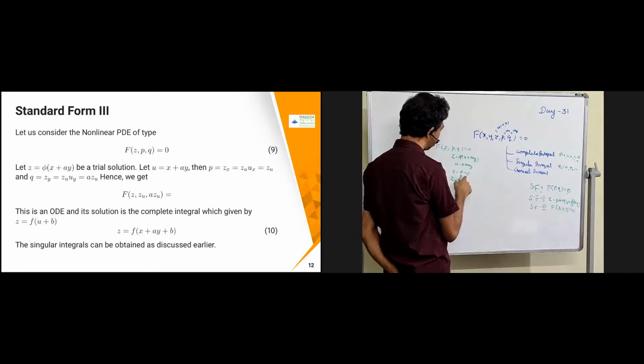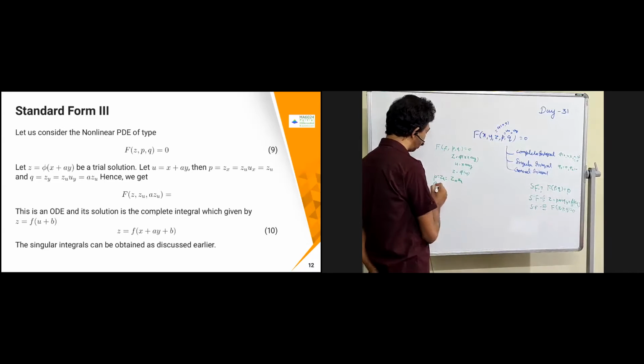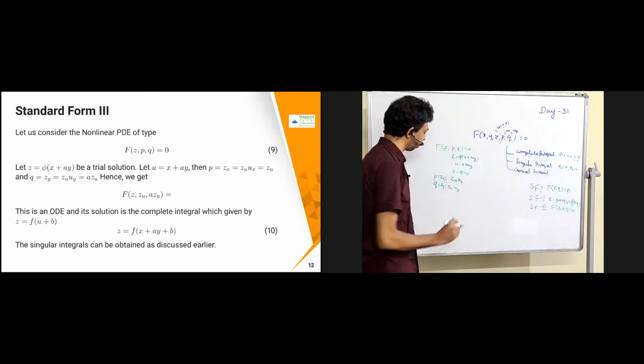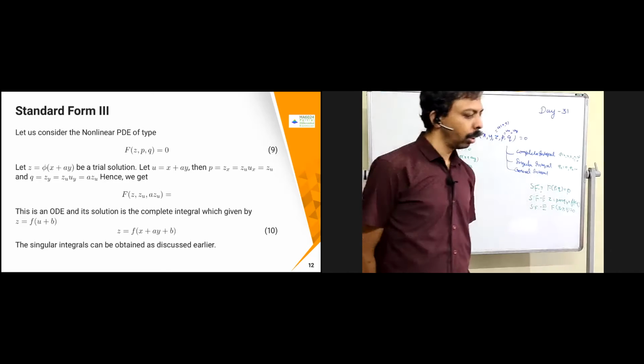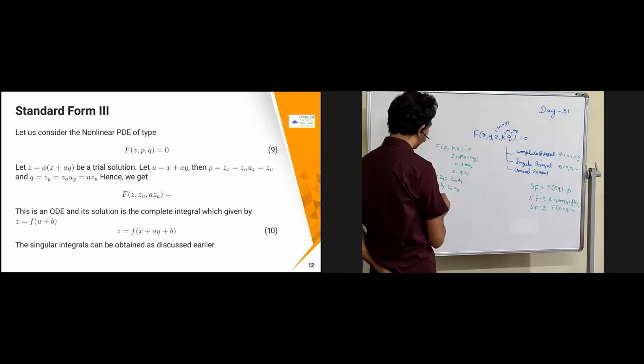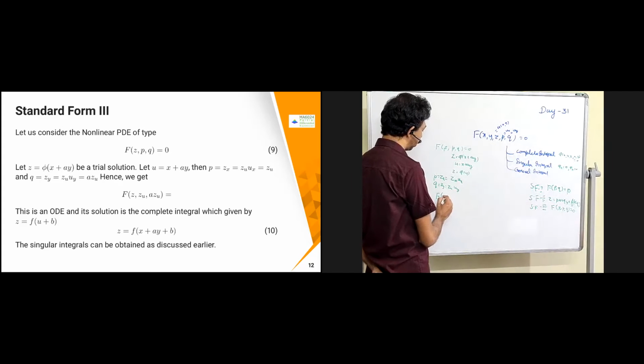Z is a function of u, therefore you are going to get z_u into u_x, because I have u here. Similarly, q is nothing but z_y, which is z_u into u_y. So you can just replace it over here. What you are going to get is f of z, z_u, u.